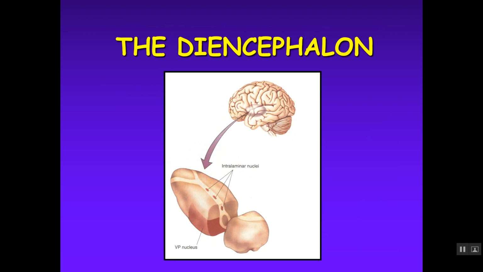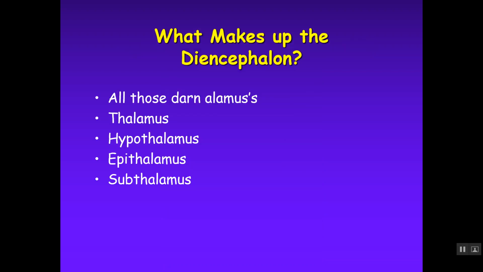We're going to talk about the diencephalon, but we're going to focus on the thalamus. We're not going to talk about the hypothalamus. That was autonomic nervous system. So here's what makes up the diencephalon, but it's really these two, and mostly the thalamus.